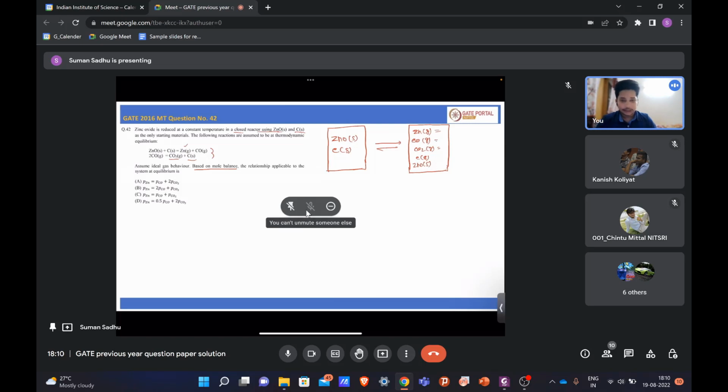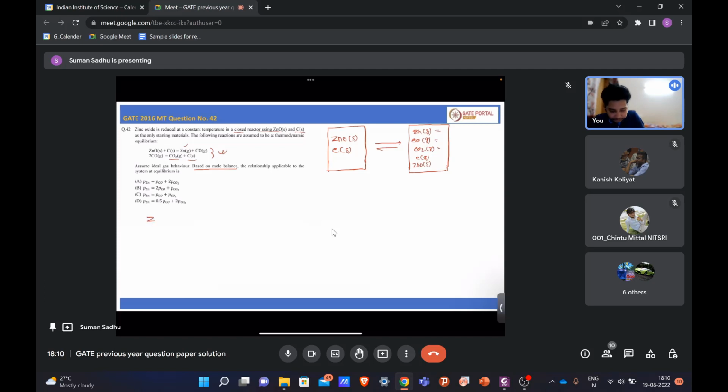Solids will not exert any pressure on the chamber. So we have to know the total number of moles of these gaseous species present at the equilibrium.